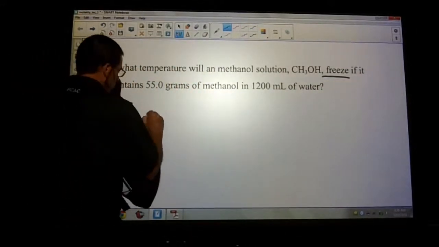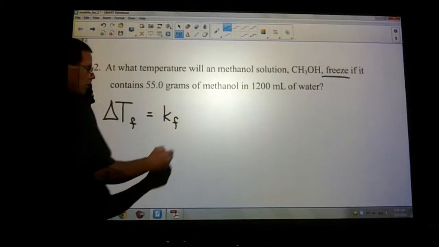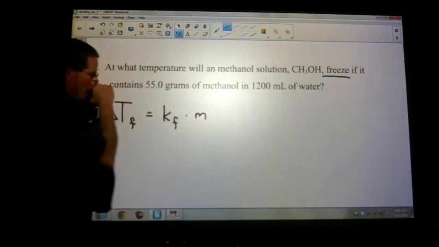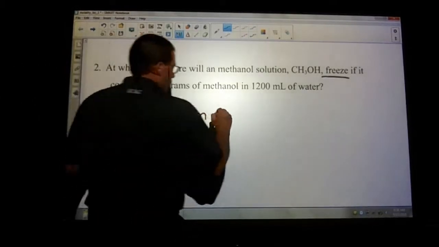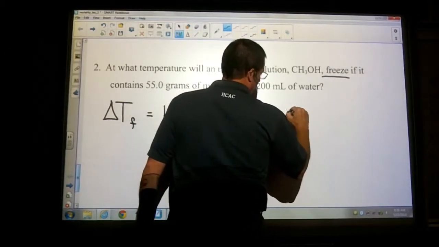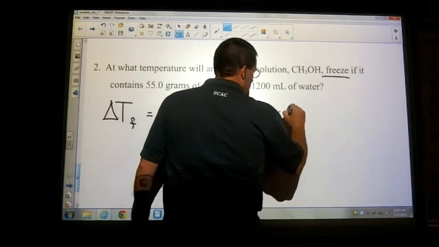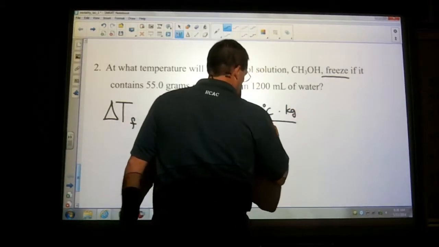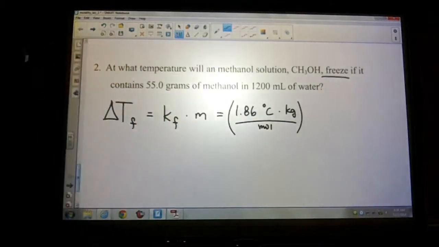The equation's very similar, except now we have K sub F, which is a constant, times the molality. Okay, the K sub F is already given to you at 1.86 degrees Celsius kilogram per mole. But we have to find out what the molality is.